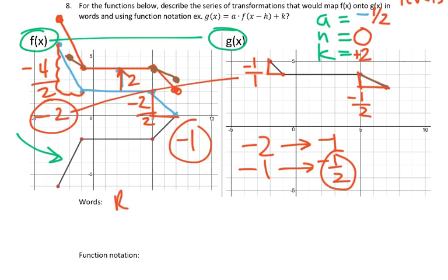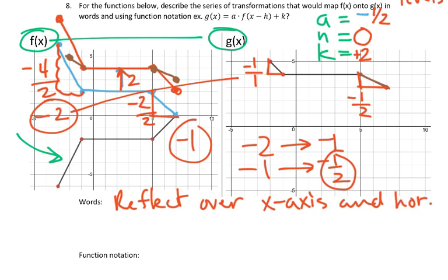So in words, we would say reflect over x-axis, and remember when it's in between 0 and 1, or 0 and negative 1, like negative 1/2, it's a horizontal stretch of 1/2. The reflection takes the negative.